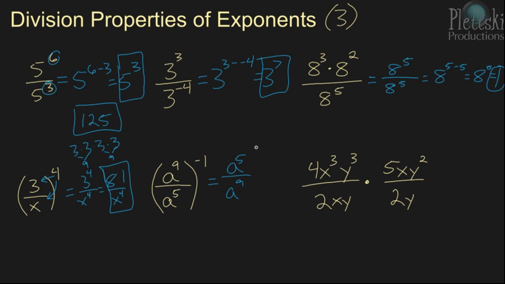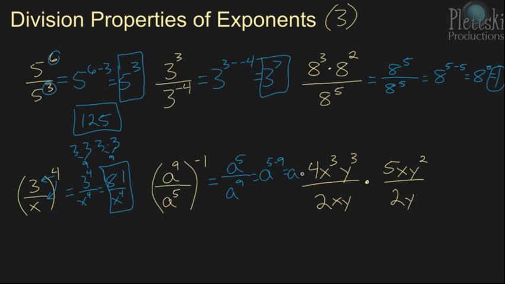Anything raised to a positive 1 power is just the same thing, so we can just not write the 1. Then we can use one of the properties and say that a to the 5th minus 9, we can subtract the exponents.